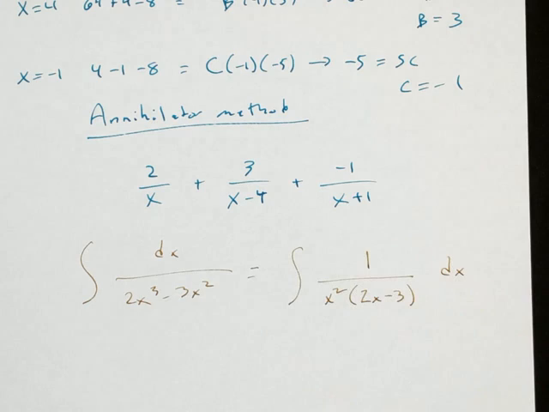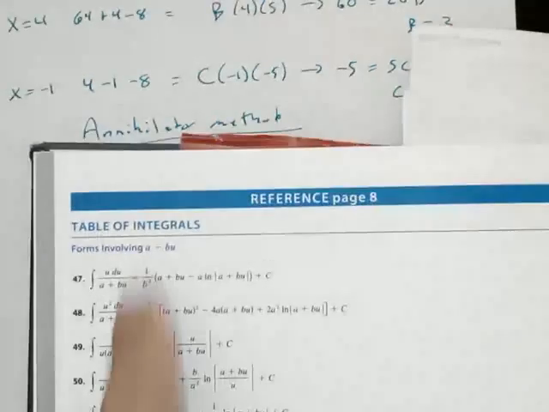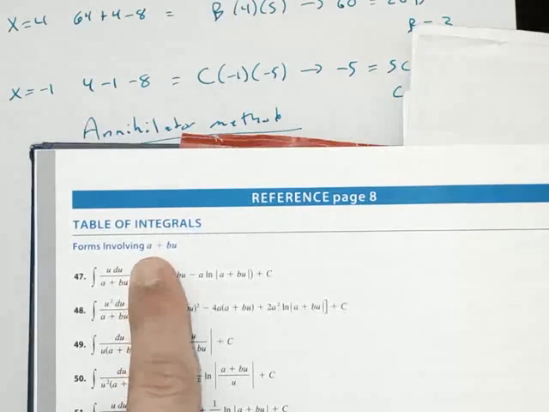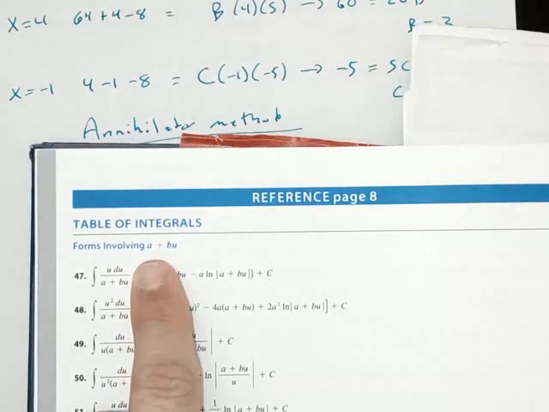I'm pretty sure there's a set of formulas in the back that have like a plus bu in them. Aha! Starting around number 47, formulas involving a plus bu.